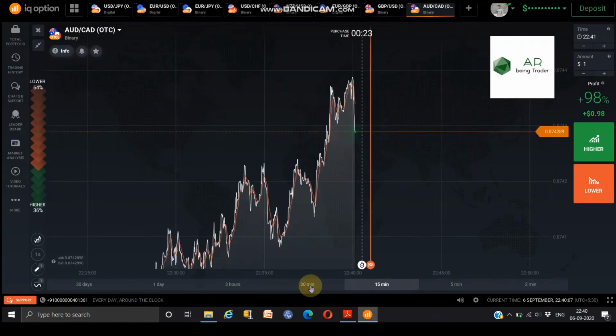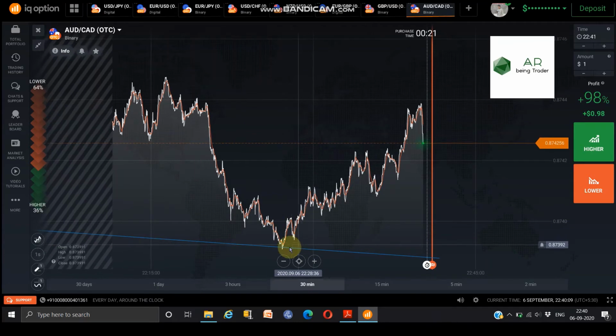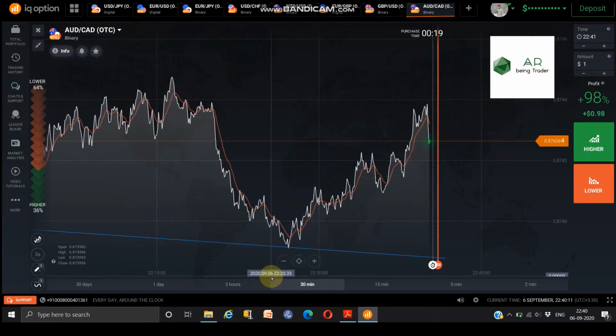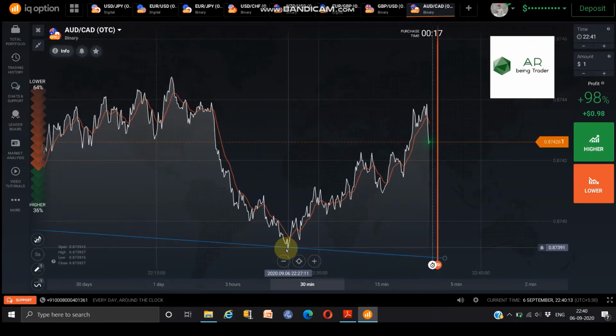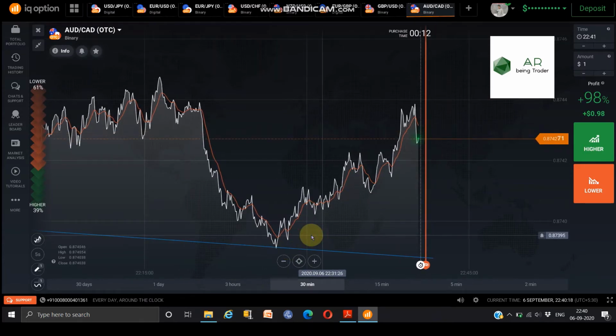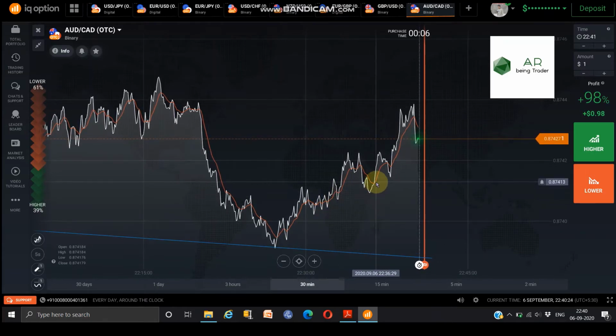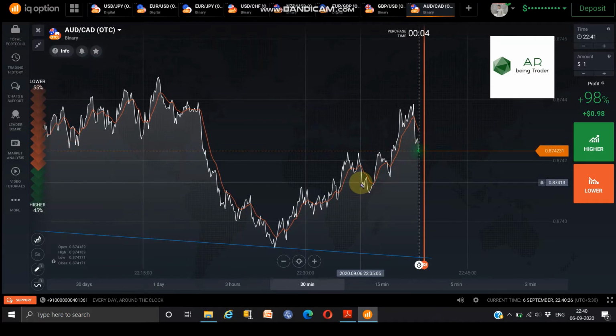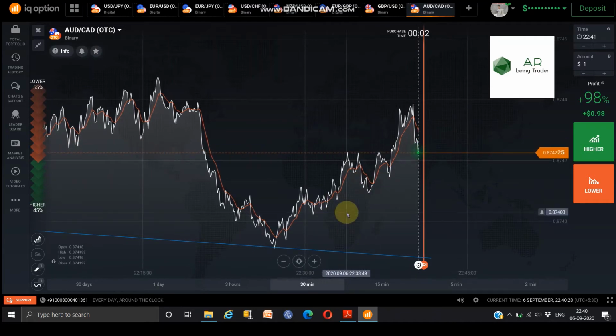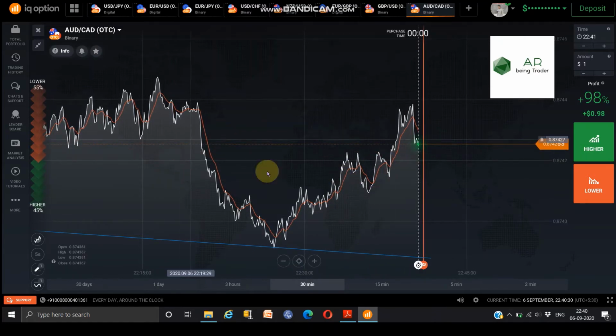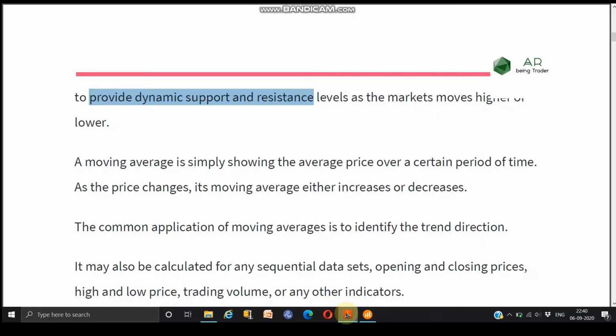You can see this point here, this is a static support and resistance, but we don't know what the dynamic is. This is the dynamic. We drew a 14 one. I'm going to show the settings clearly, but before that, keep it in mind that these EMAs will act as dynamic support and resistance.